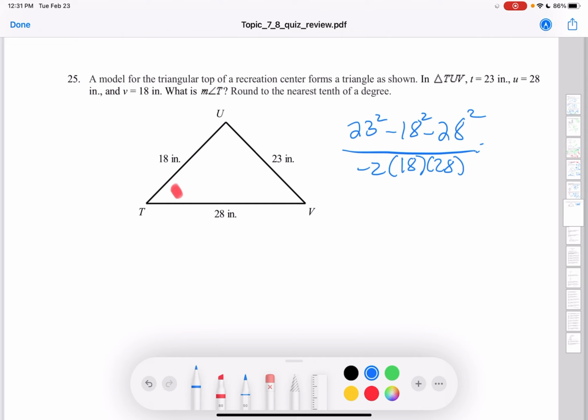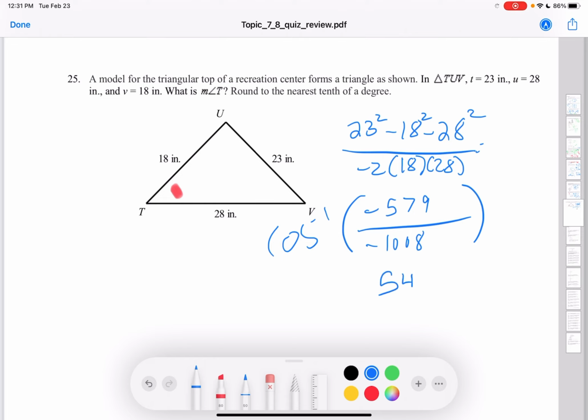That's negative 579 over negative 1,008. Again, we have to find the inverse cosine of that. So inverse cosine of negative 579 divided by negative 1,008, and you get 54.9 degrees for that.